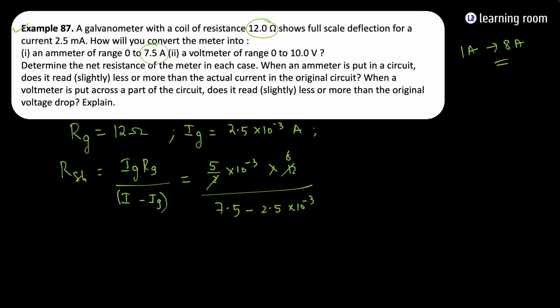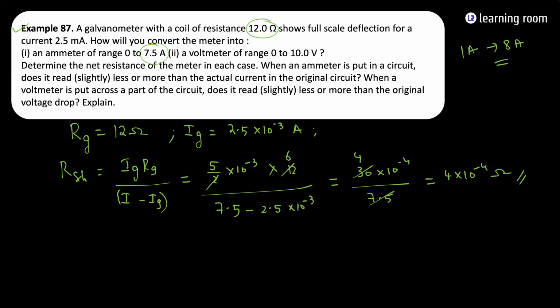Cancel this by 16 into 5 is 30. So it is 30 into 10 power minus 4 divided by the approximated value, 7.5. And remember, 7.5 into 4 is 30. So the answer will be 4 into 10 power minus 4.